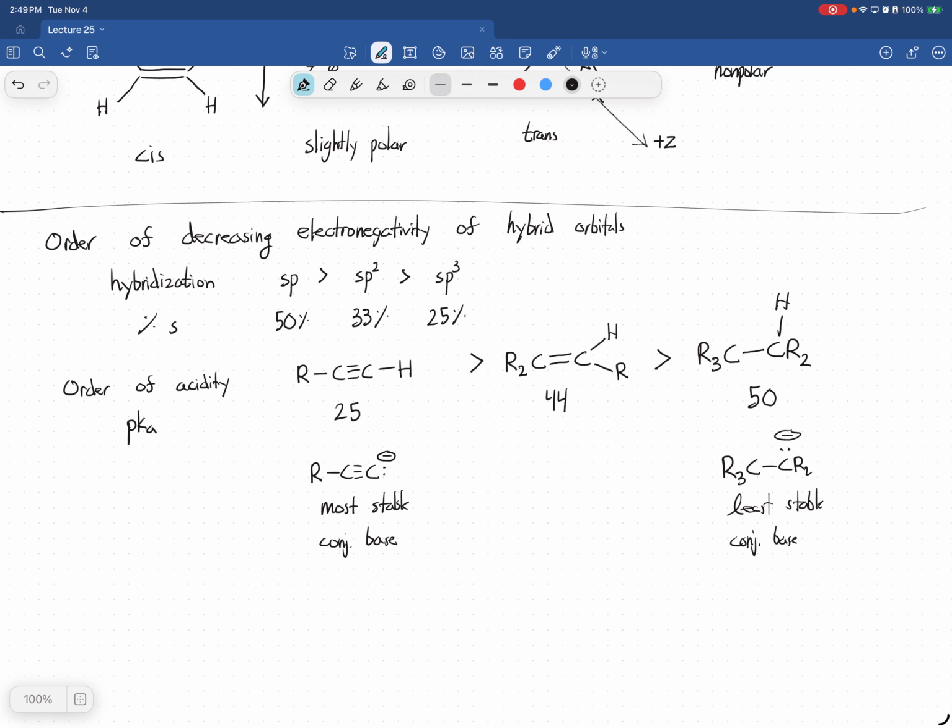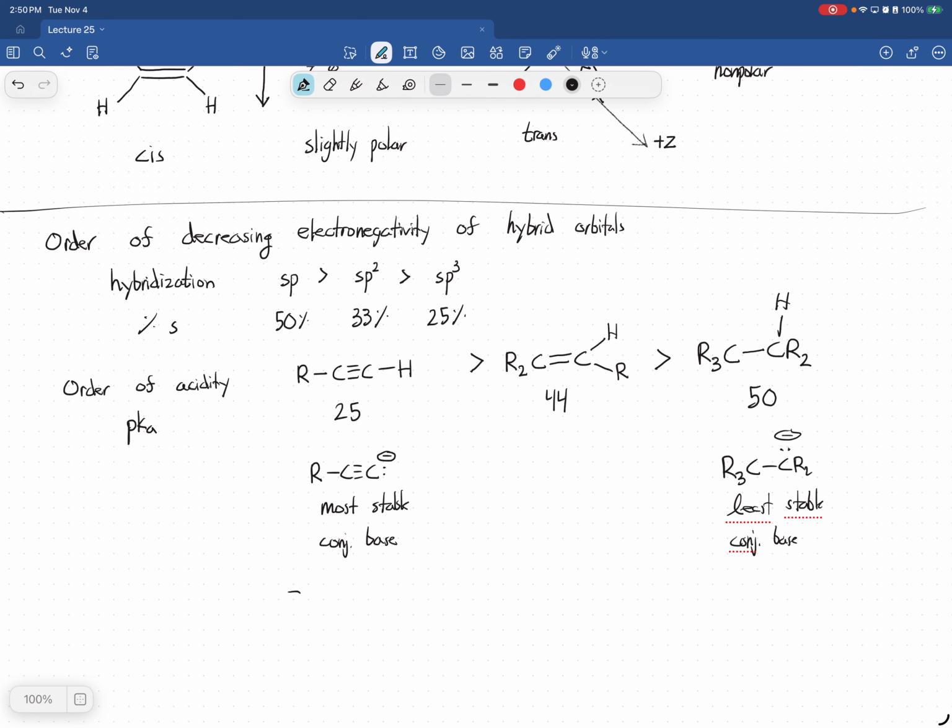This becomes important because if you have an alkyne in there, an alkane and alkene, and you add a base, the base will automatically react with the alkyne H. And that's what gives us synthetic usefulness to this reactivity. Okay? So, just do it this way. If you have a triple bond there, the S orbital is more spherical in nature, more S character, closer to the nucleus.